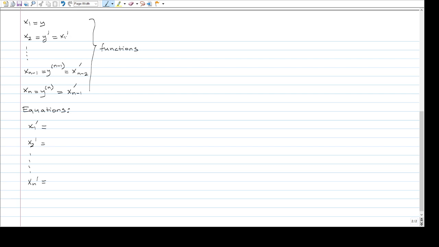For x1 prime, go here: x1 prime is equal to x2. For x2 prime, go to the next equation: x2 prime is x3.